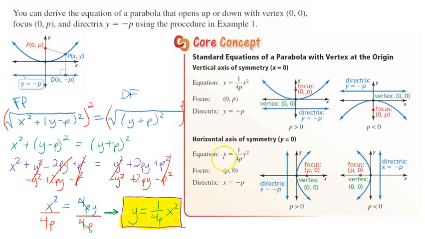And if you notice, the only thing that changes when you have parabolas going right or left is instead of y equals 1 over 4p x squared, it's x equals 1 over 4p y squared. Instead of going up or down to get to your focus, you're going to go right or left, which means that your focus is now going to be (p, 0). And your directrix is a vertical line now, so it's x equals negative p, not y.